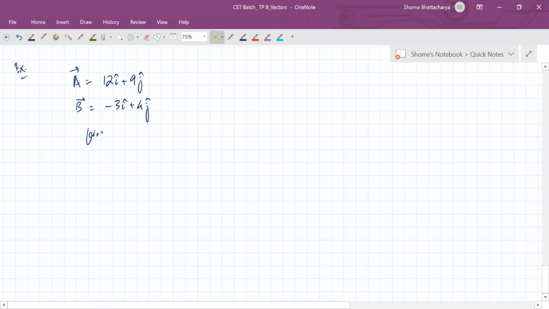Then find the magnitude of A cross B and express its direction. That is, give the direction of n cap. Try this out, people, please.